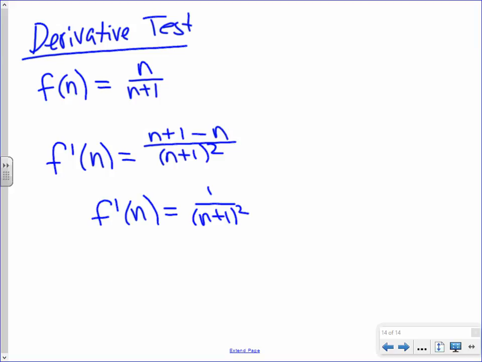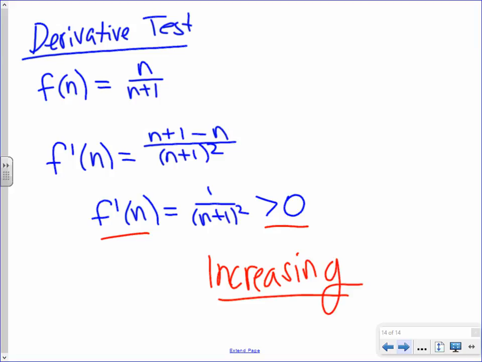This is our derivative. From 1 to infinity, what's good about this derivative? It's positive. And if a derivative is positive, that means our function, or in this case sequence, is increasing.